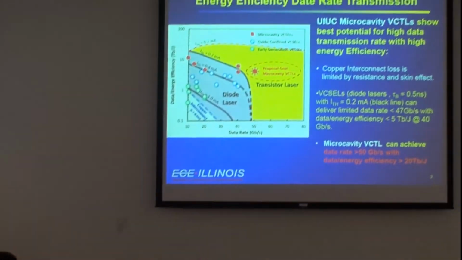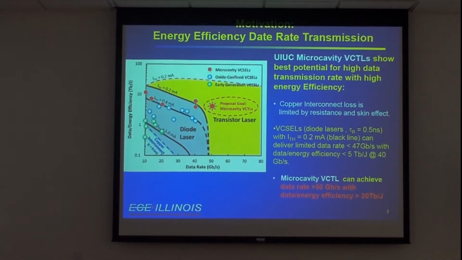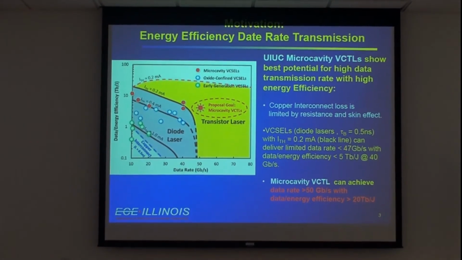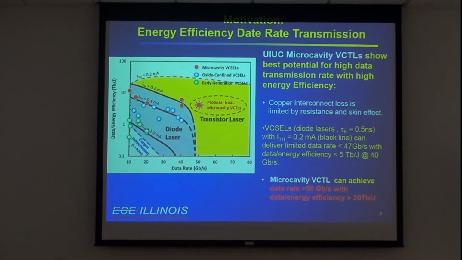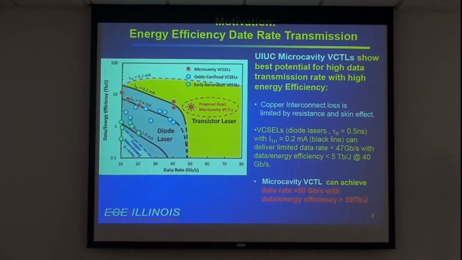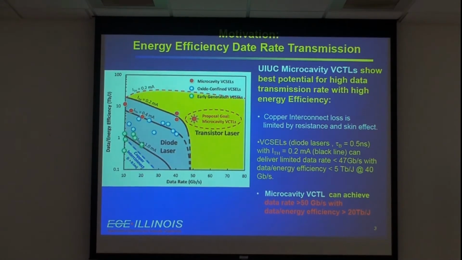I think the laser is an old topic, but why we're still working on it is because we try to solve the problems of optical communication systems. Right now the data transmission rate is really, really high, and copper interconnect apparently cannot match our need anymore.